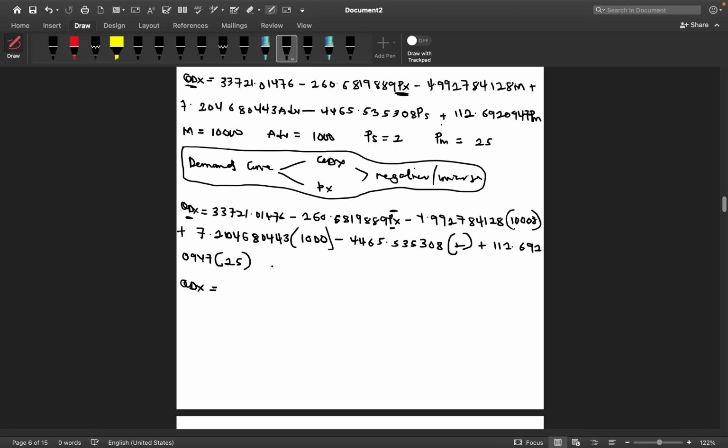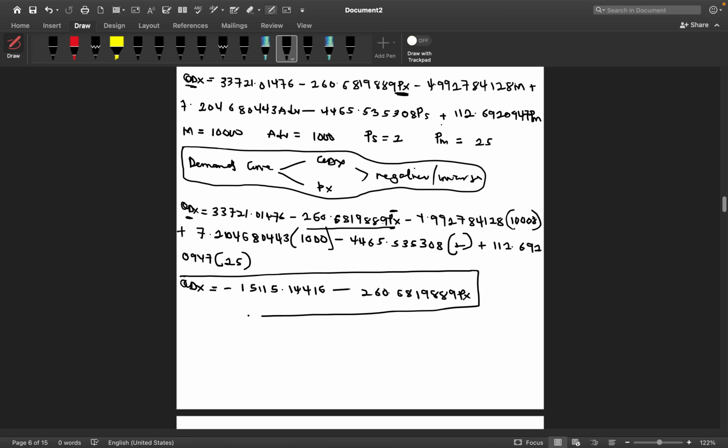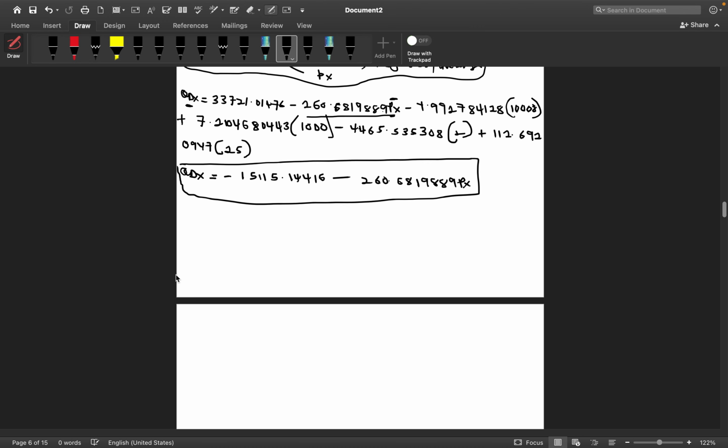When we sum everything up, we are going to get minus 15,115.14416 minus 260.6819 Px. So this becomes our demand curve.